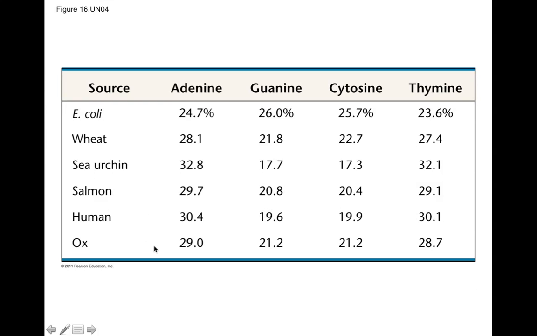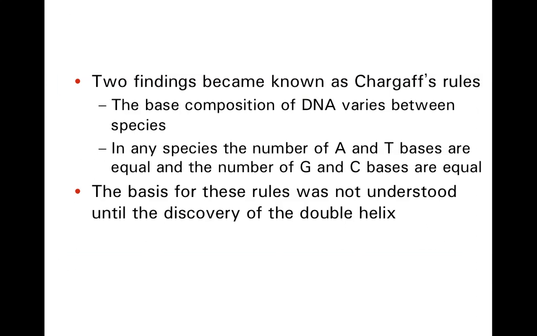So this led to Chargaff's rules. One is that the base composition of DNA is variable between species. So the ratios of A's, T's, C's, and G's in you and I is different from what might be found in a sea urchin or a bacterium or a plant.